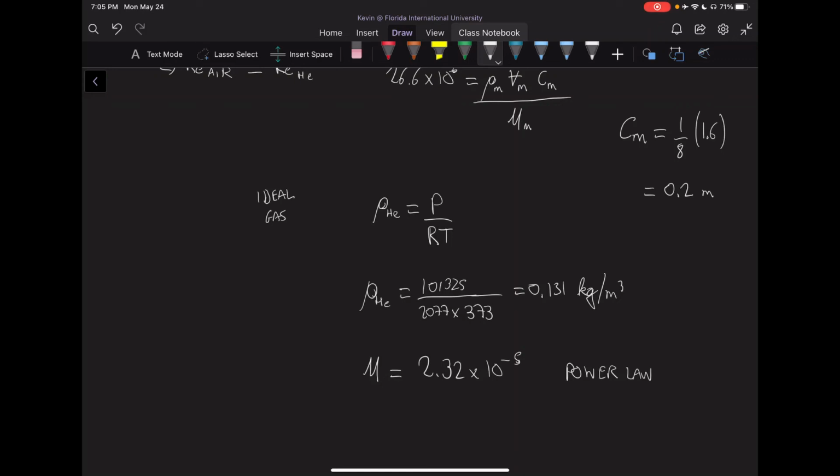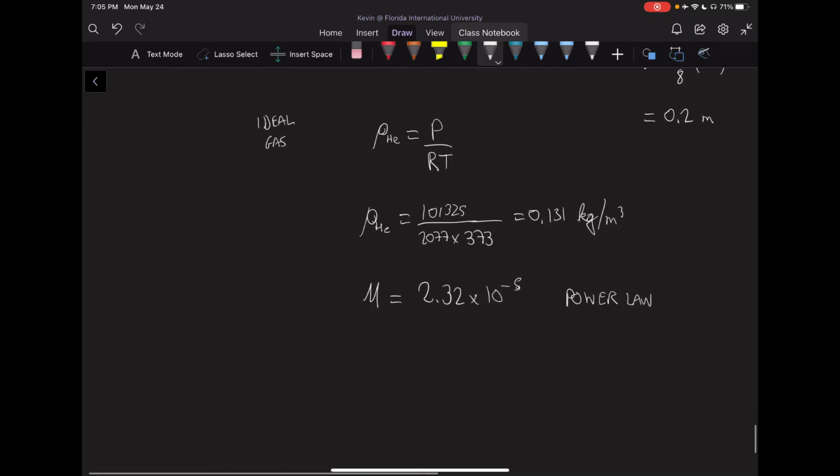So now that we have the values, we have everything except for velocity. So we can say that this is equal to 0.131 times 0.2 times velocity of helium divided by 2.32 times 10 to the minus 5. And we see that the velocity of helium is equal to 23,600 meters per second.